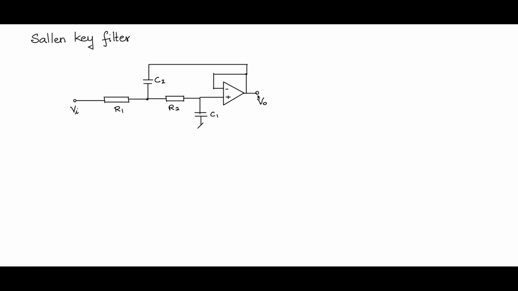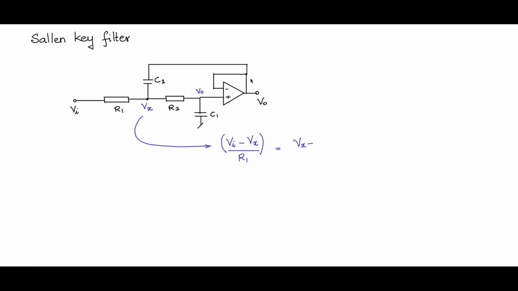So this is V0. There is a virtual ground, so this node point will also be at the V0 value. And this I will call Vx, an intermediate value. At this point, if you apply Kirchhoff's current law, KCL, (Vi - Vx)/R1 will be the current through this branch, which should be equal to this branch current and this branch current.